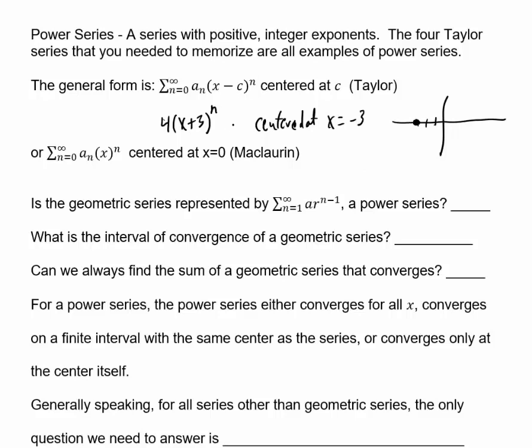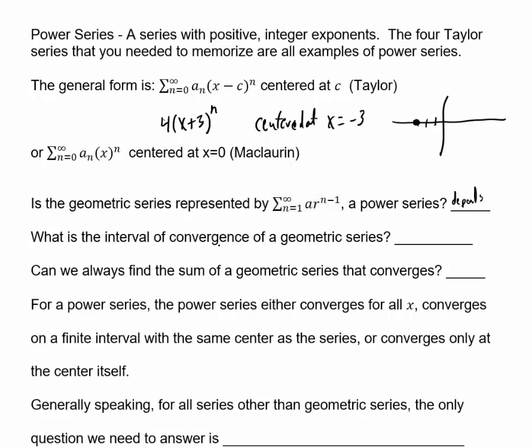Okay. All right, the rest of this is review. So is the geometric series represented by the summation of a r to the n minus 1 a power series? Well, that depends on what r is. It could be if r was equal to, say, x, or x plus 2, then it would be a power series. Okay. But this is a geometric series.